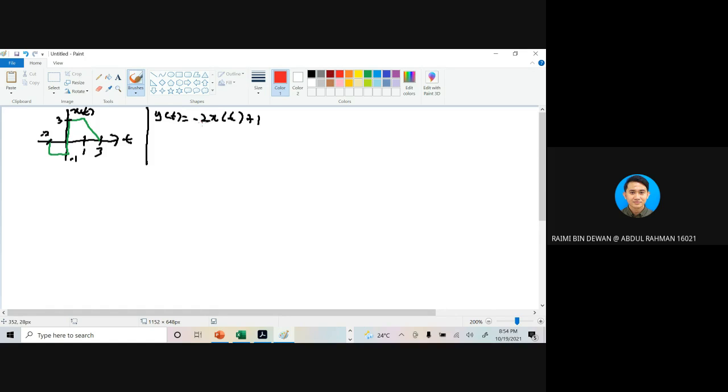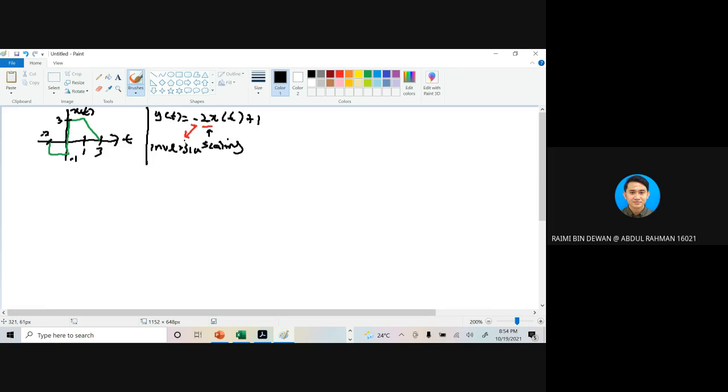First, you see there is a 2 here. What will happen to your signal? Your signal will get bigger, so it will experience scaling. And then you have here the negative. What does it mean? Your signal will experience what we call inversion.